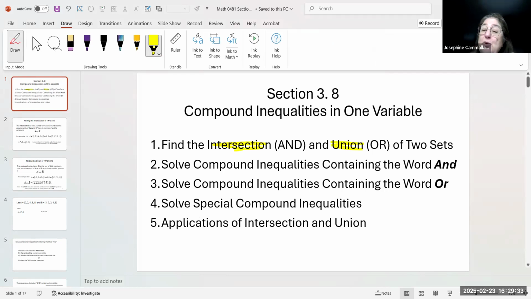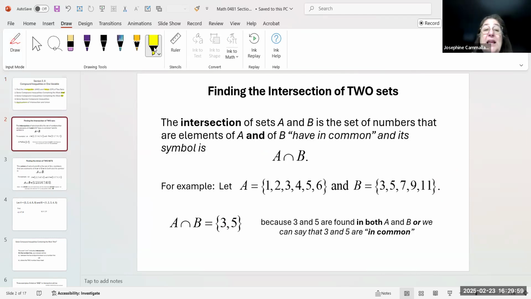They're also going to be using the word and and the word or. And then, of course, we've got to have some story problems that I know you're going to be enjoying. But these story problems, I think, are a little easier, but that's just me. Okay? Well, let's continue with compound inequalities.